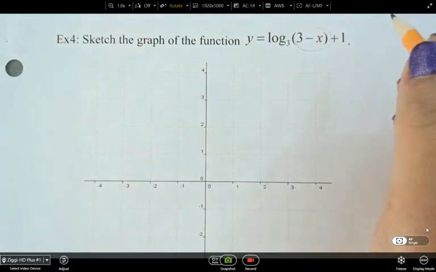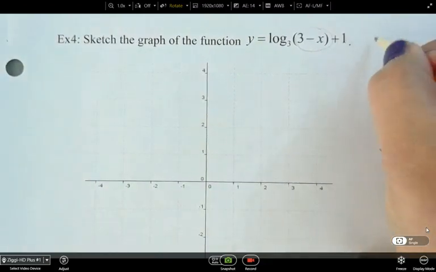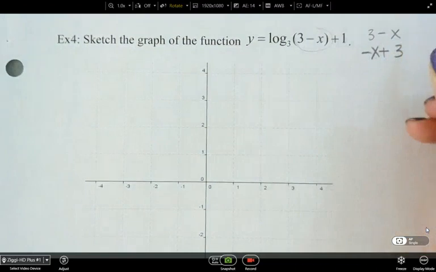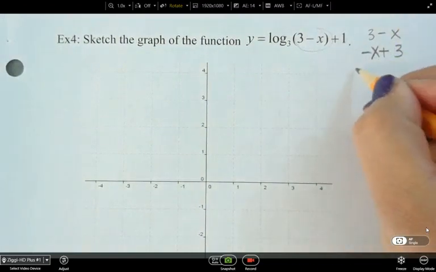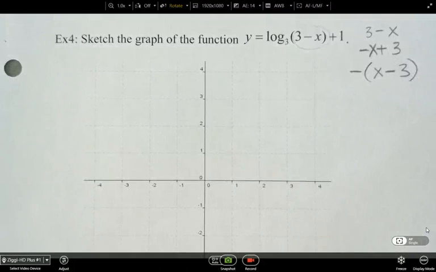So you need to switch it around and you need to factor it. We want to rearrange 3 minus x so that it looks like negative x plus 3, and then actually factor that negative out. So it's negative, x minus 3. And now we can deal with it properly.